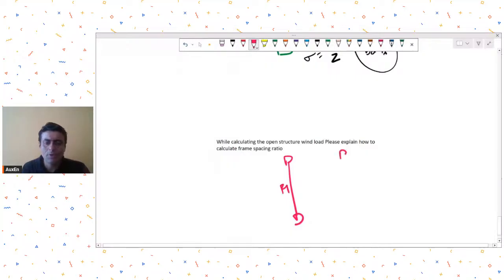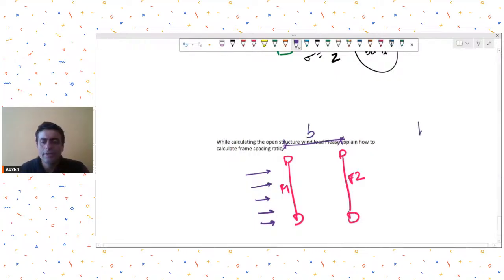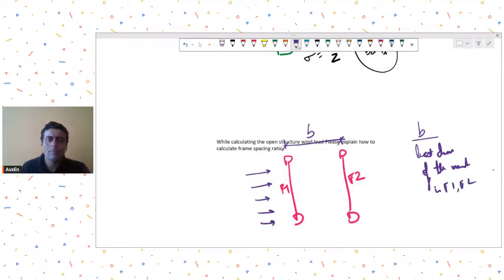This is the plan view I'm showing you, and this is frame 2 in plan view, and wind loads are acting like this. Then what the code defines as the frame spacing ratio is this distance b upon the least dimension of the member in frame 1 and 2.